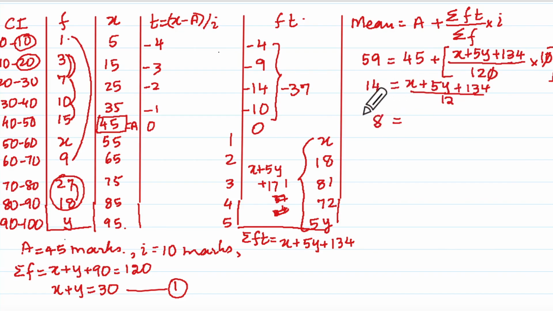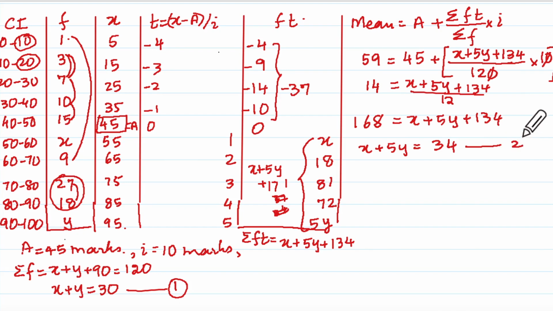Carry 4. 12 ones and 4 16. 168 is equal to x plus 5y plus 134. Is it doable? 134 gets subtracted from here. 100 gone, 68 minus 34 is 34. So this is our equation 2.